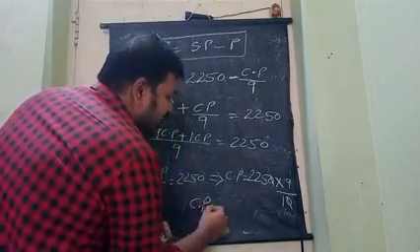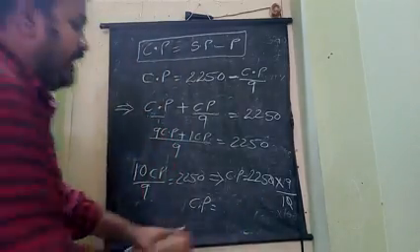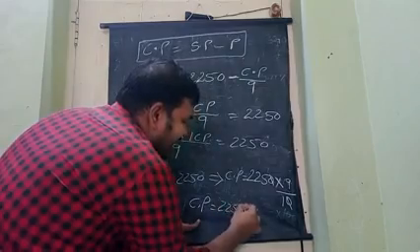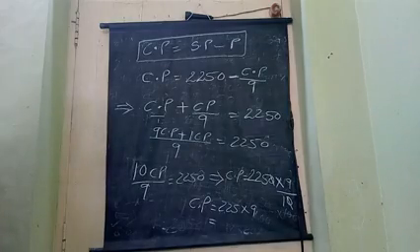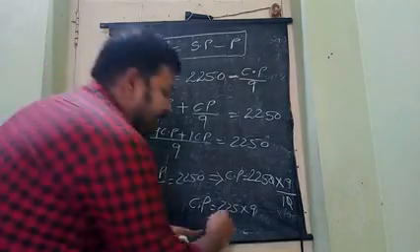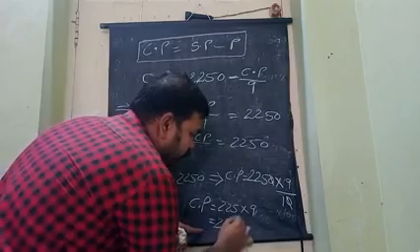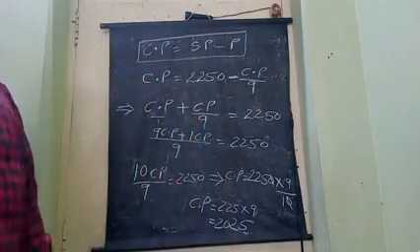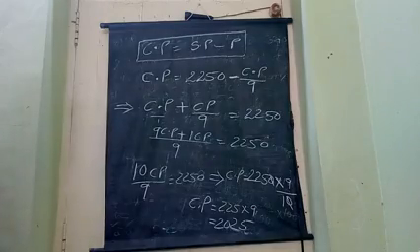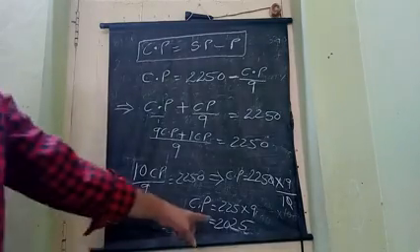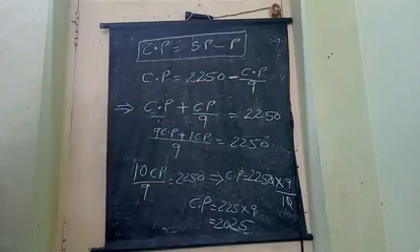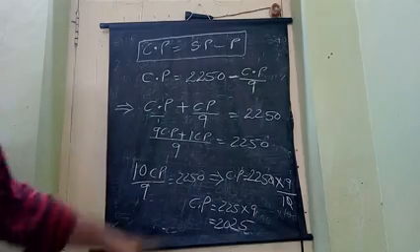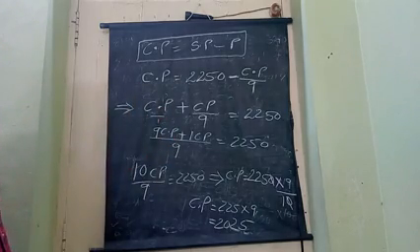Now cost price is 225 into 9, and the multiplication is 2025. The cost price of the article is 2025 and he sold it for 2250. So he got a profit. To find how much profit he got, we have to subtract, and then find the percentage.